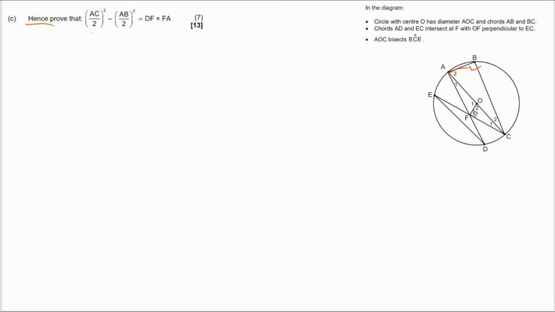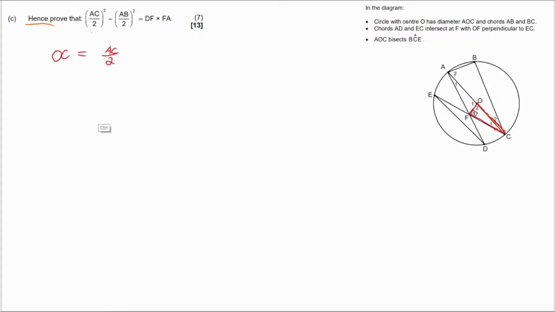This AC over 2 is just OC, okay? And that gives us a hint that we're doing Pythag in this triangle over here. So we know that OC is equal to AC over 2. Okay, that's where this came from.